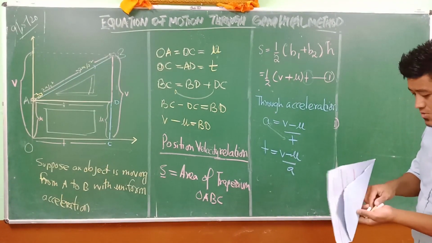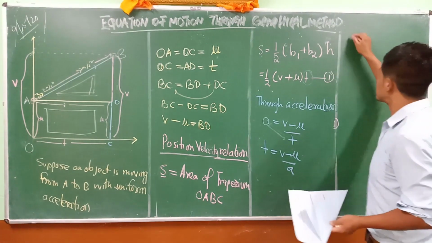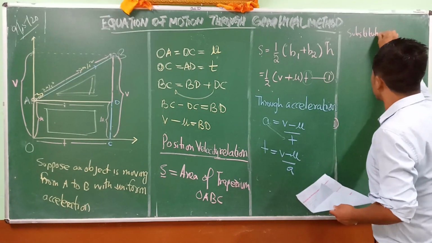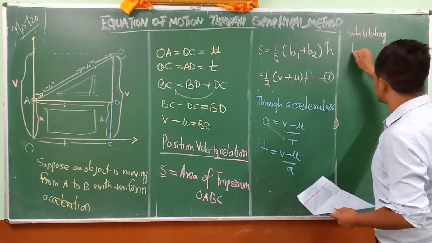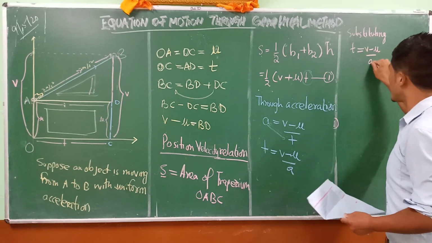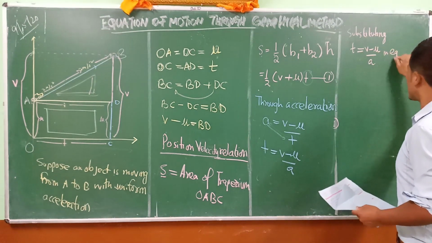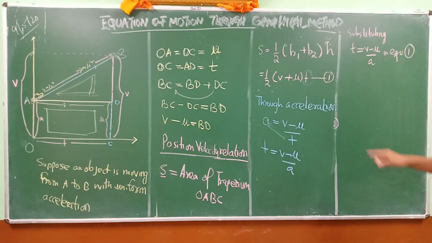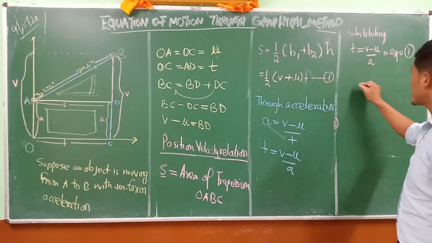So what I'm going to do is substitute T is equal to V minus U upon A in equation number 1. Right? So now I'm going to copy this equation once again.